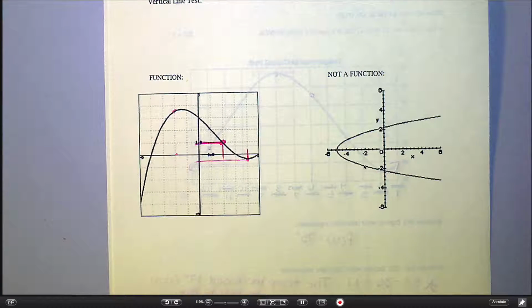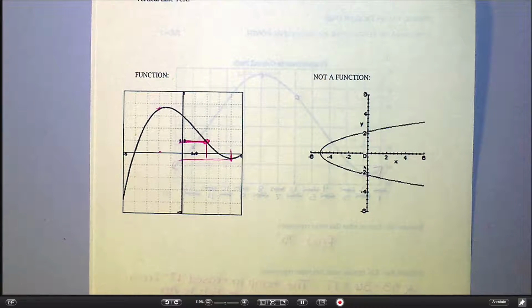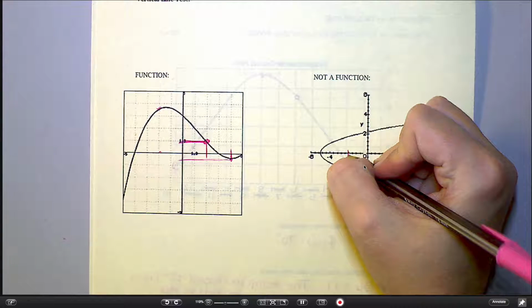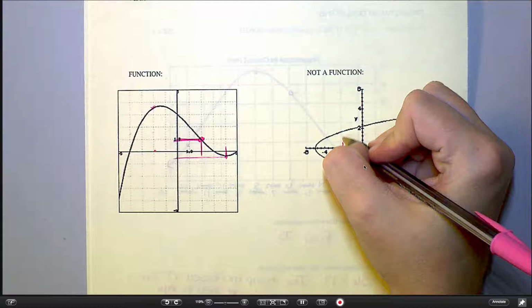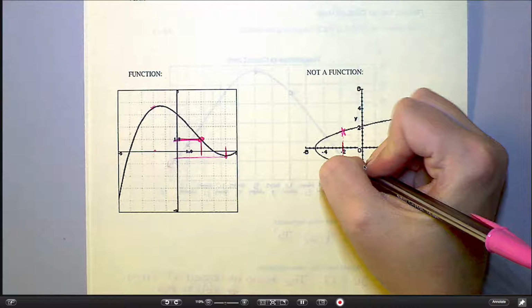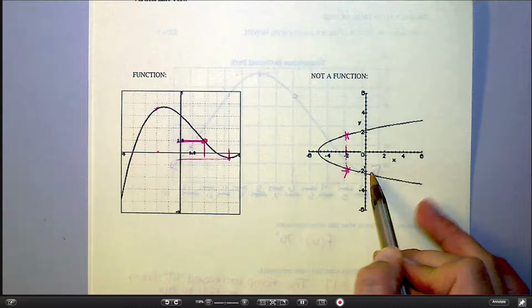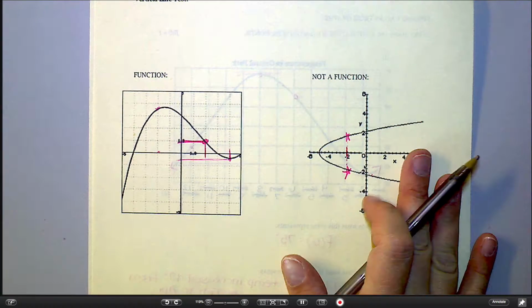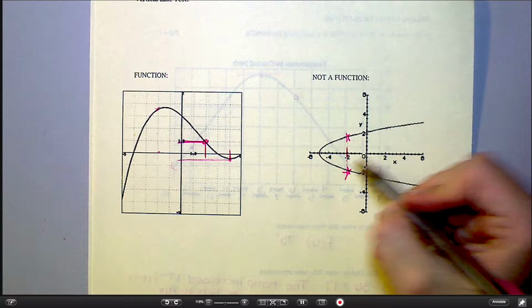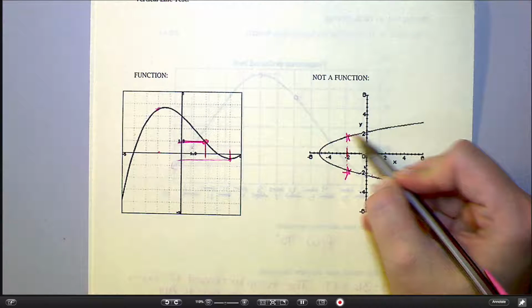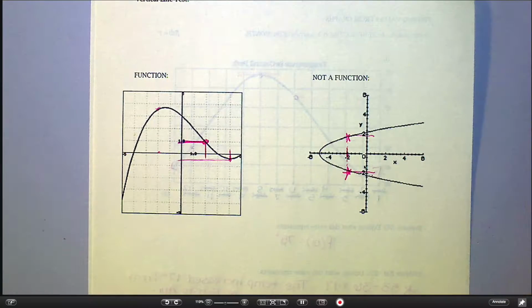Look over here what happens. Let's say I let X be -2. Do you see that there are two places where X is equal to -2 that have two different Y values? So this is not a function because this X number matches up with this Y value and this Y value. That makes sense? So we use something called the vertical line test.